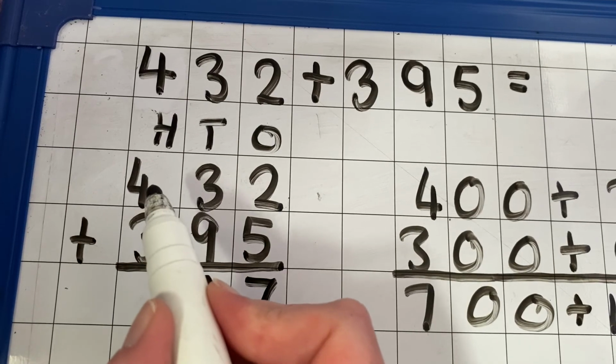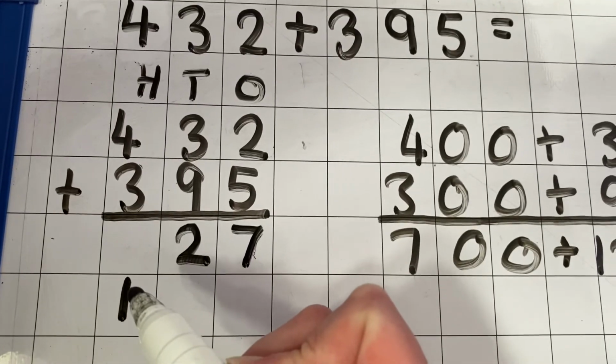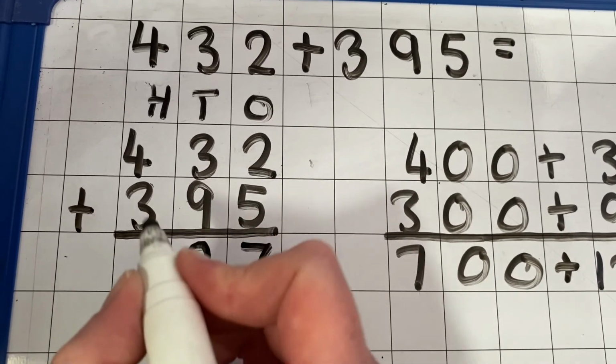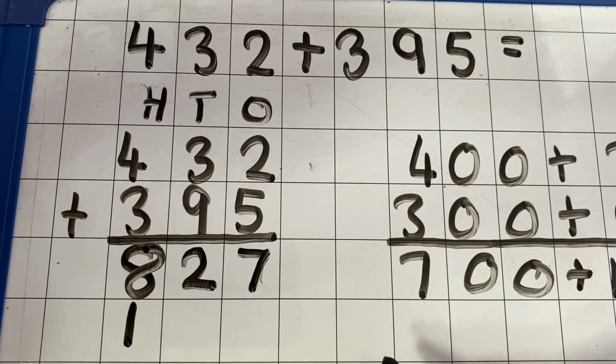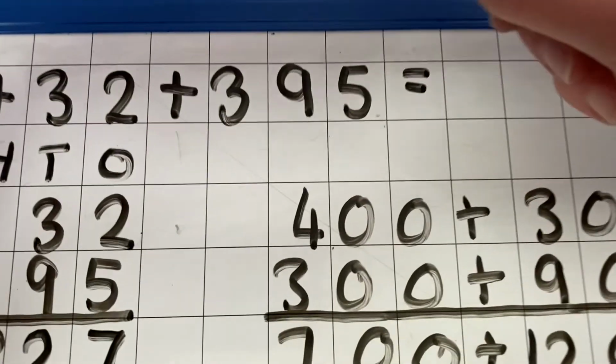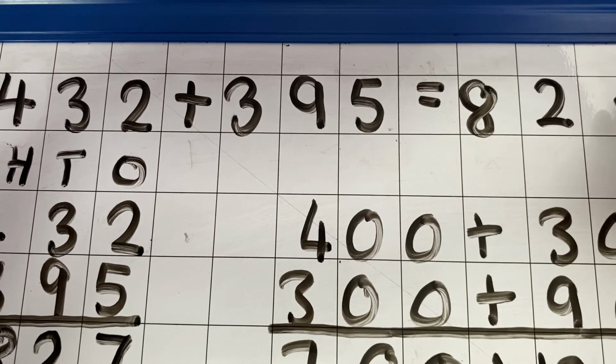Here I have 400 add 300 add 100, which would make 800. Therefore, my answer is 827.